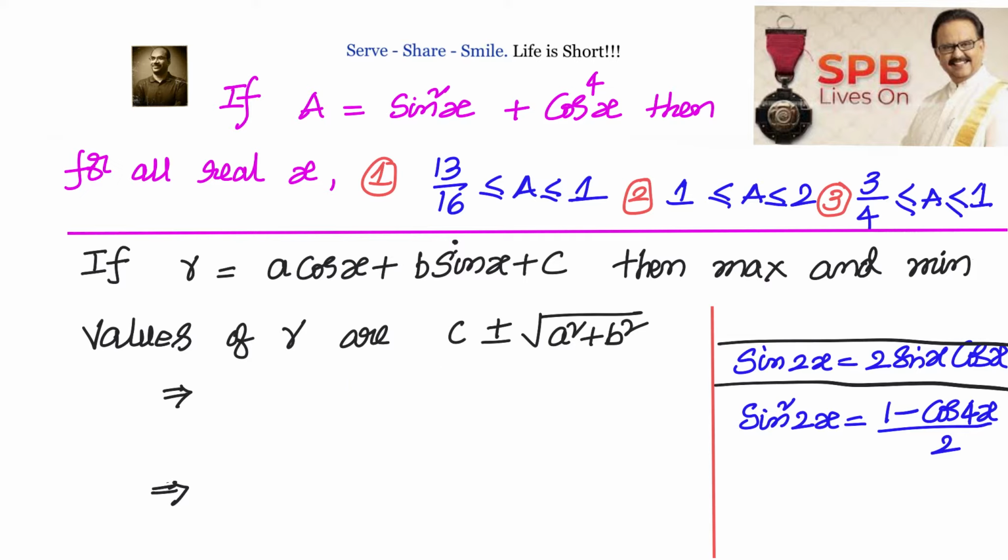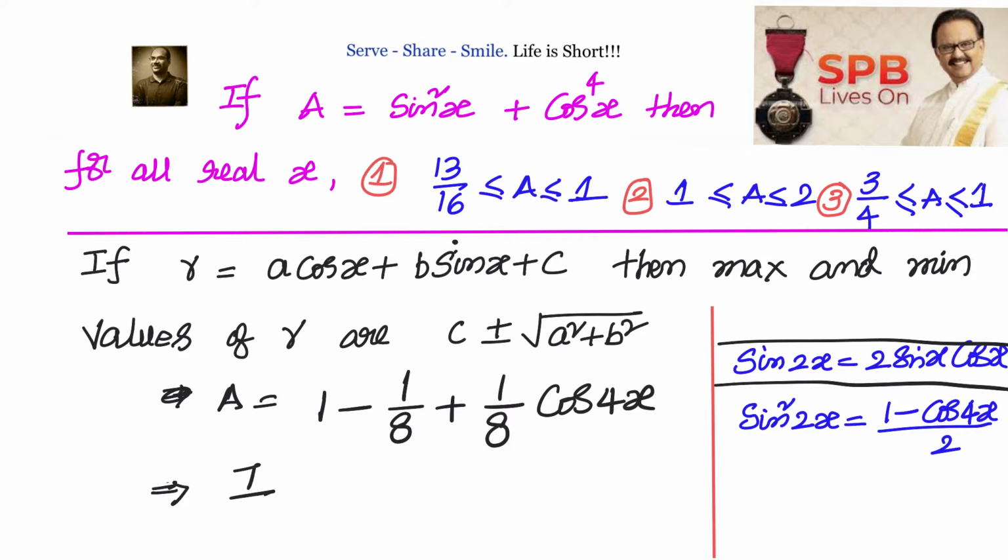That is, a is equal to 1 minus 1 by 8 plus 1 by 8 cos 4x. That means 7 by 8 plus 1 by 8 cos 4x.